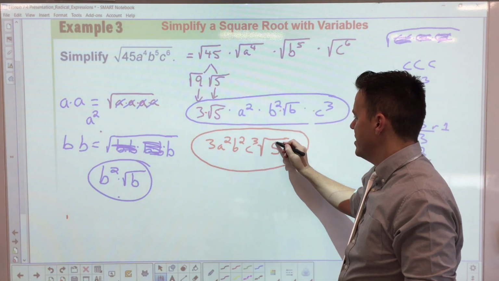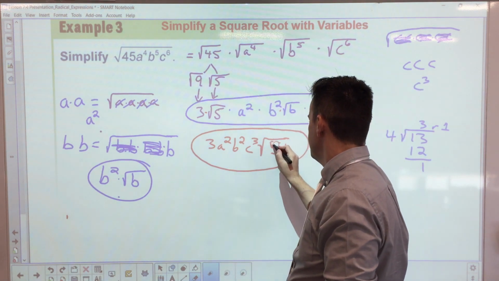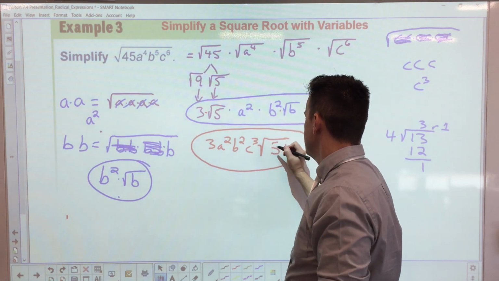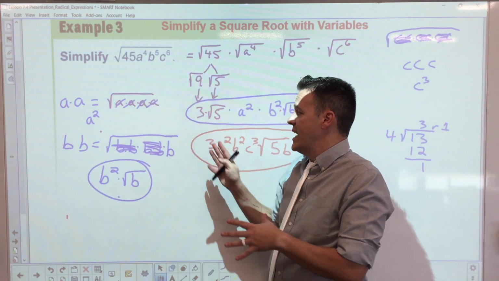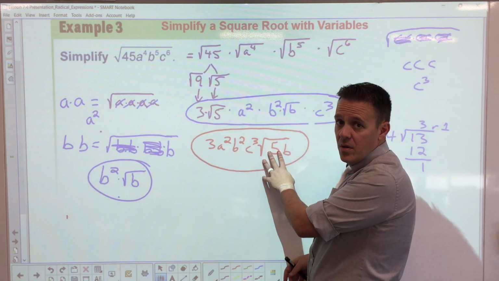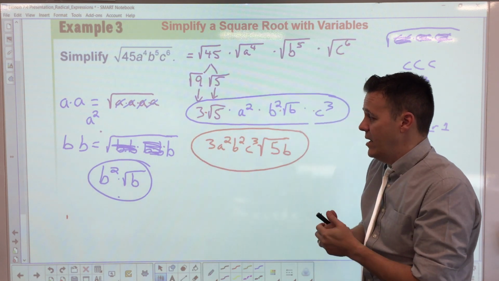Sorry, my 5s sometimes look like S's. Okay, that is our answer. Simplify this down. You're trying to get as much out of this radical as possible. And we were able to get quite a bit out. All right, we simplified it down quite a bit.